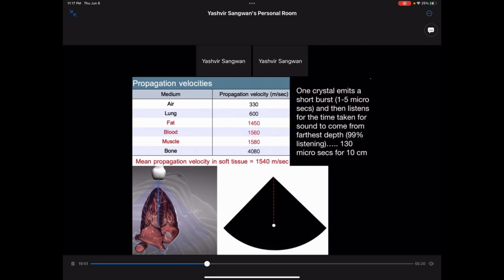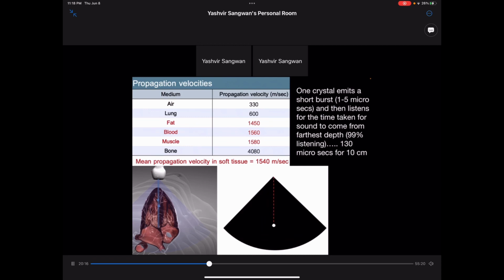The more a sound is reflected from an object, the brighter it is, and the less a sound is reflected, the darker it is. Therefore, if you look at pleural effusions or a cyst, the fluid inside it has nothing to reflect sound back on.